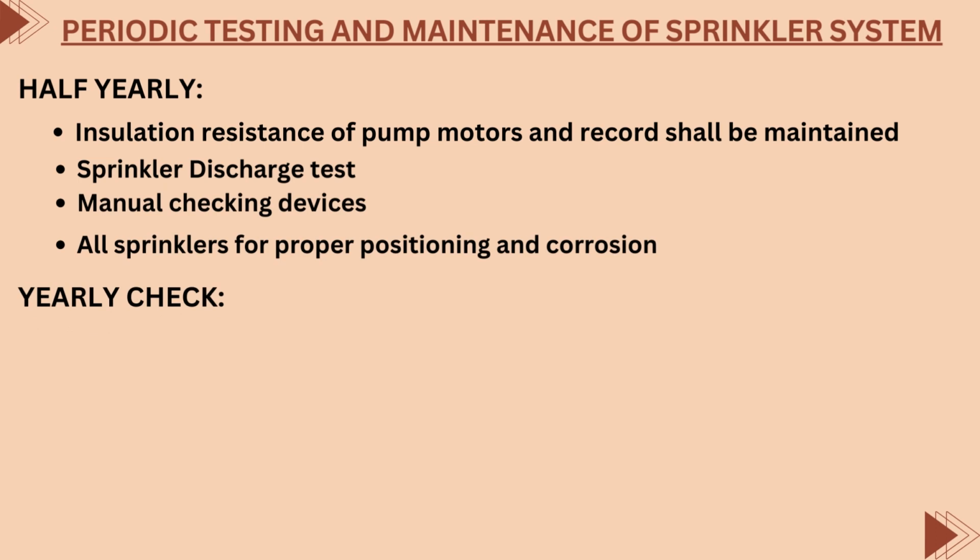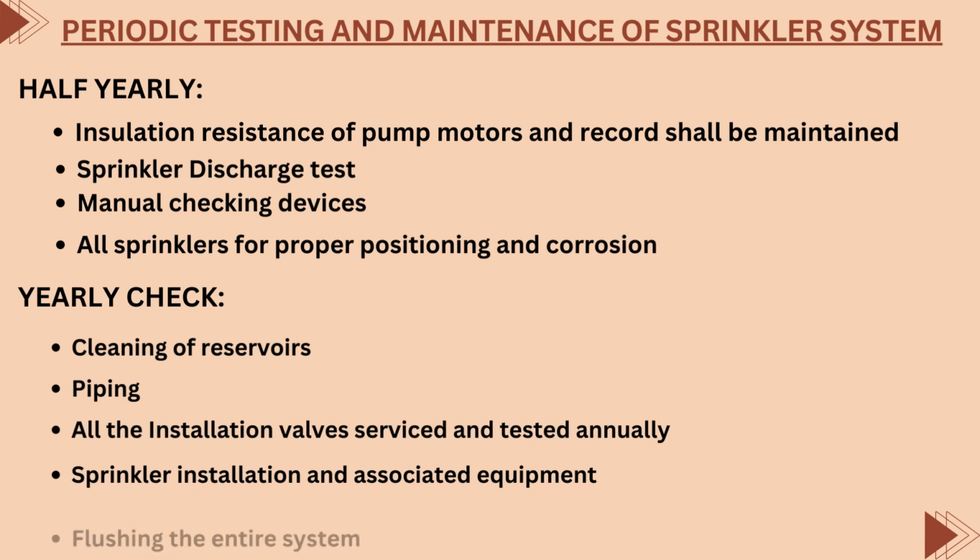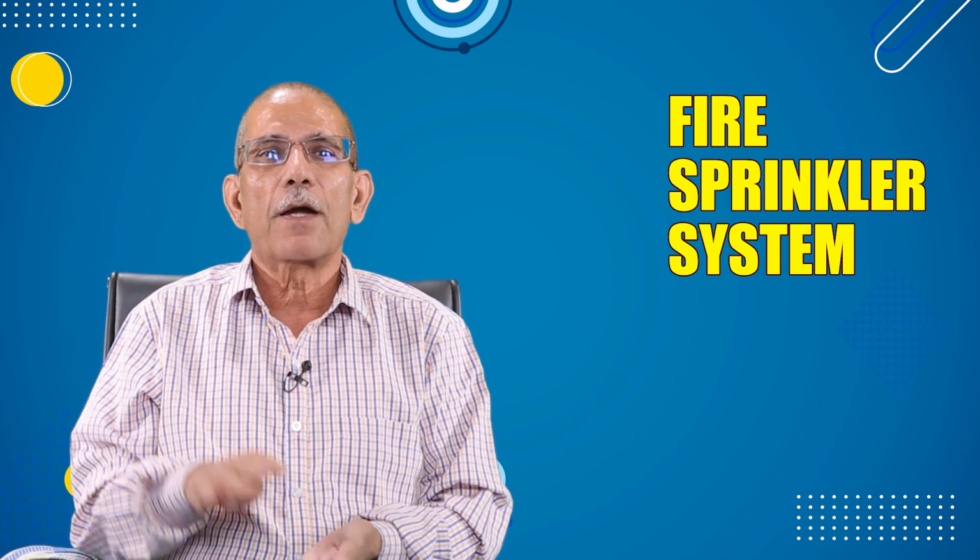In yearly checks, we clean the reservoir and the piping, and all the installations are serviced and tested annually. The sprinkler installation and associated equipment are to be checked. Flushing of the entire system is done once a year, and all the equipment pertaining to the sprinkler system shall be painted at least once in 2 years.